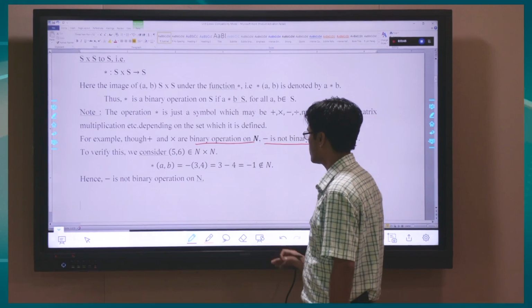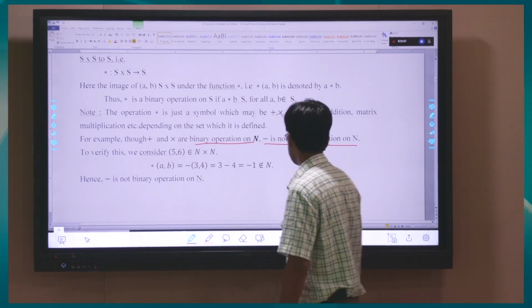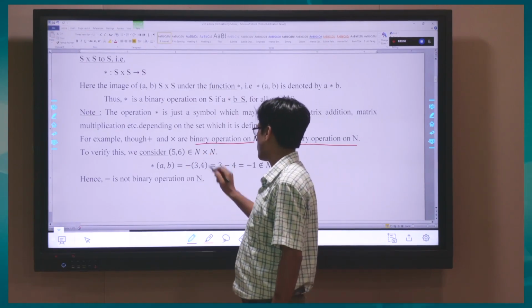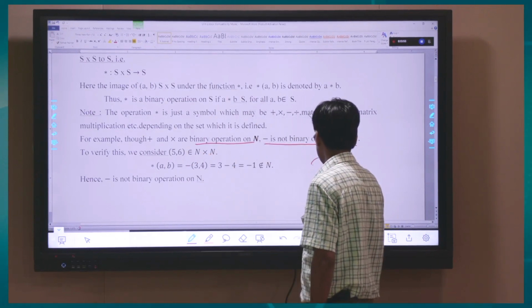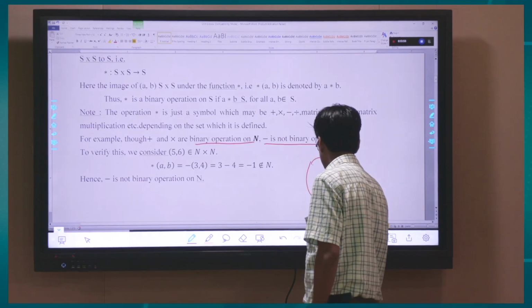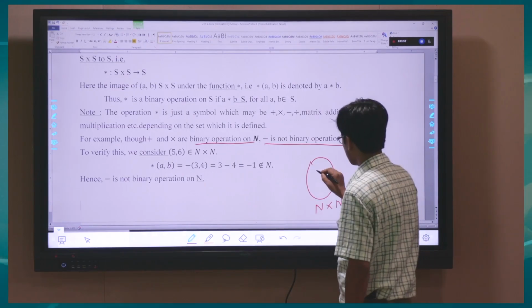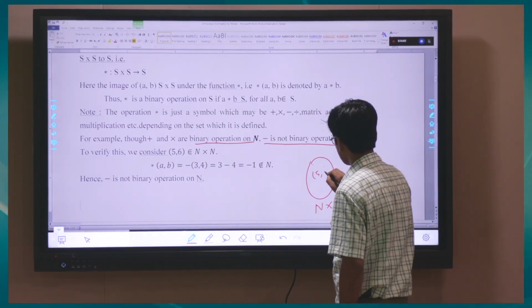To verify this result, we consider one example. Suppose we consider (5, 6) belonging to N cross N, that is, from this set N cross N we consider one element (5, 6).